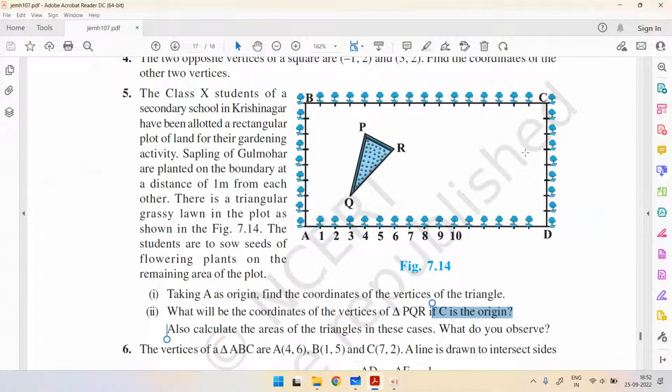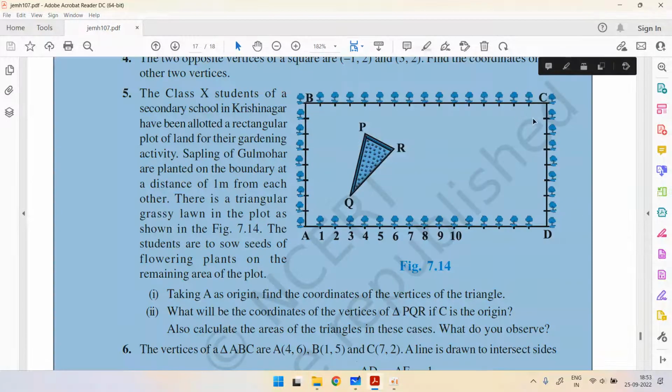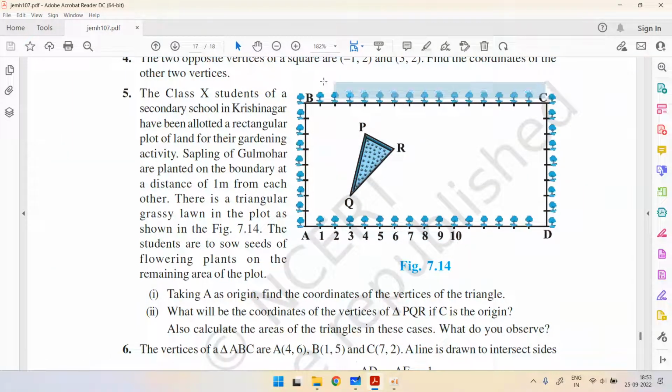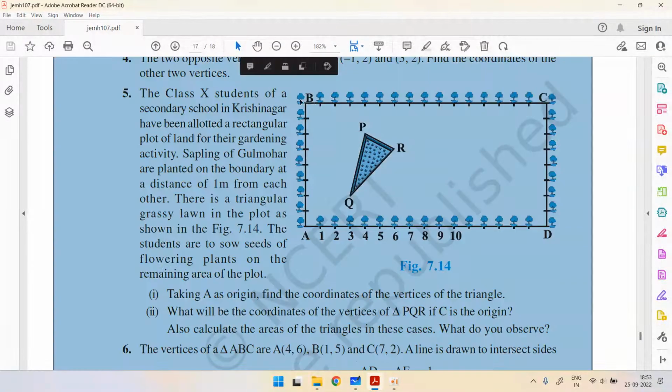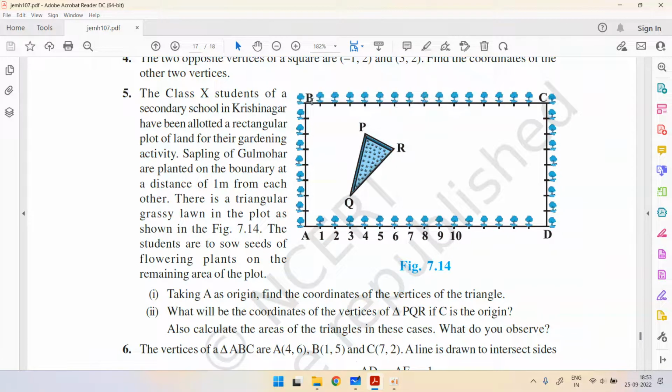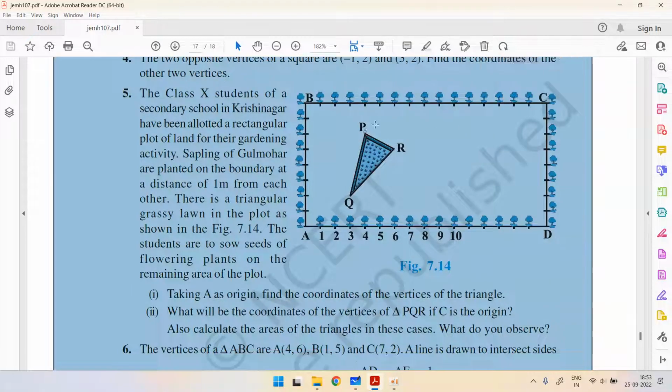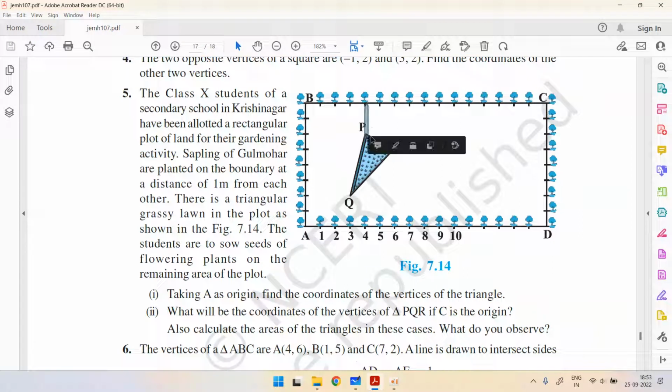So what is P? If you drop from here, CB will be my x-axis and CD will be my y-axis. CB will be negative on the x-axis because it's on the left-hand side, and you are going down from C to D, so this will be negative on the y-axis. So if I drop P from here to here, it is like this.